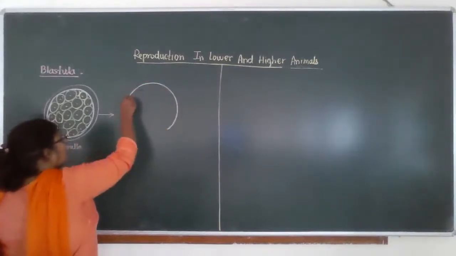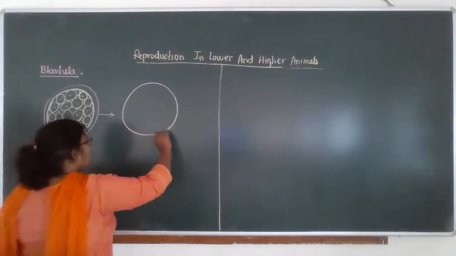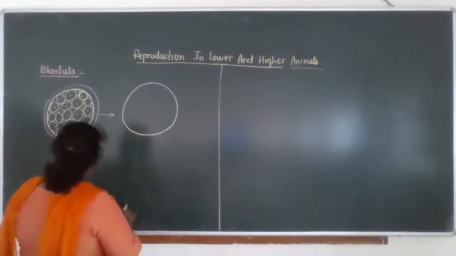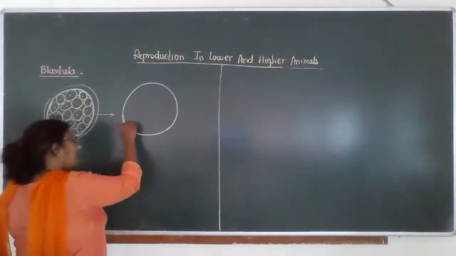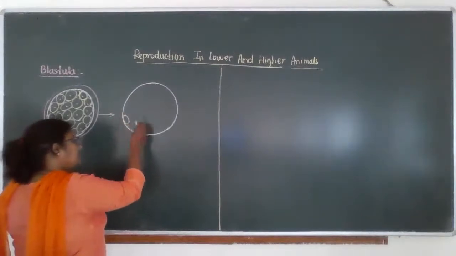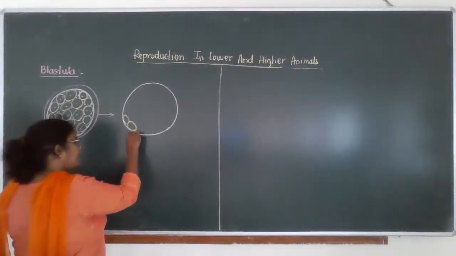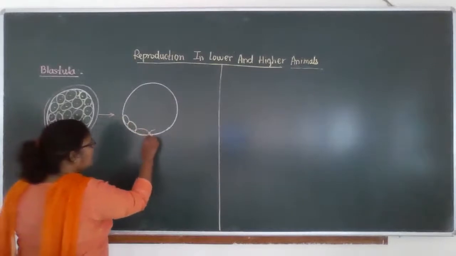So what happens during late morula? The cells which are present at the periphery become slightly elongated and arrange themselves.